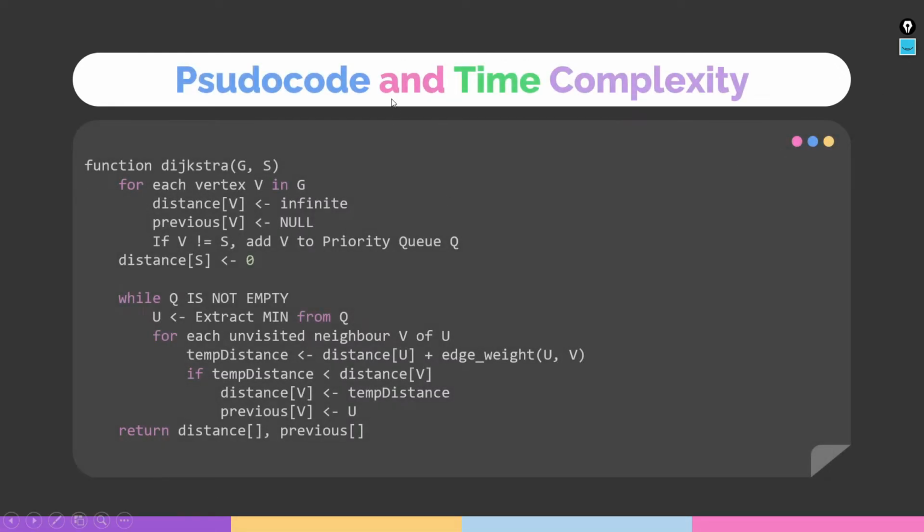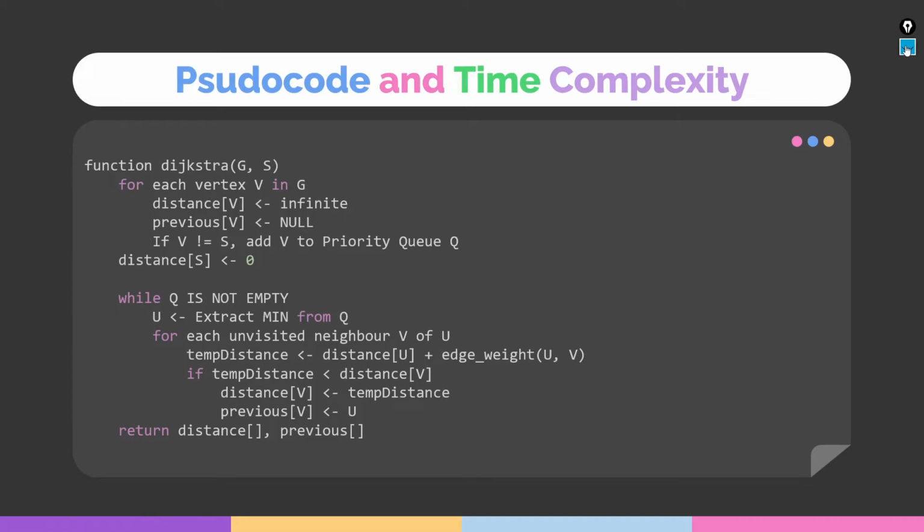So now we'll see the pseudocode and time complexity of it. So here's the pseudocode of it. At first we can see that we put infinite and null in the distance and previous arrays and put 0 in the source vertex. Then there's this min heap and we extract every element and perform the relaxation.